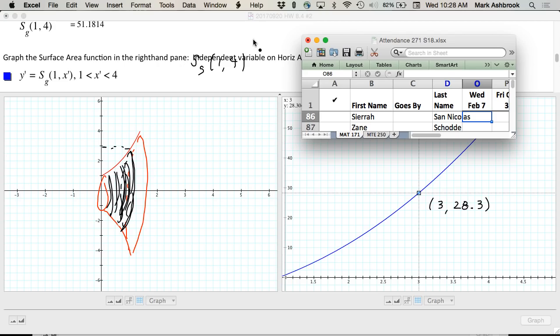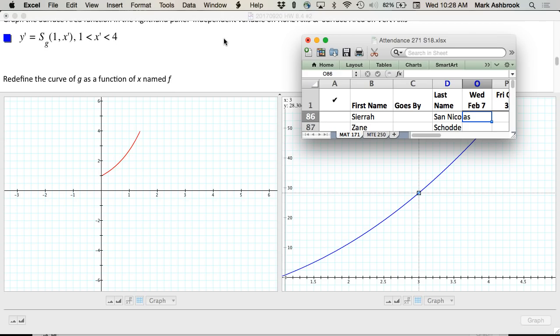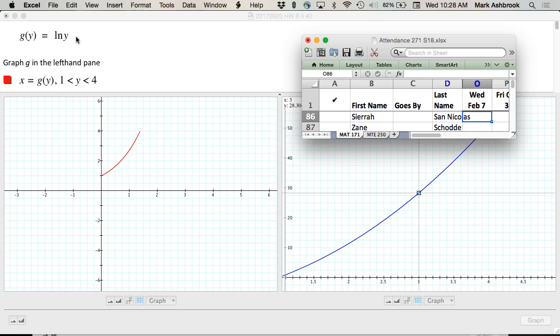Okay, so now here, this is the important part. Now I want to redefine the curve g as a function of x named f. So if g of y is ln of y, I want to redefine the same curve as a function of x. What would f of x be?